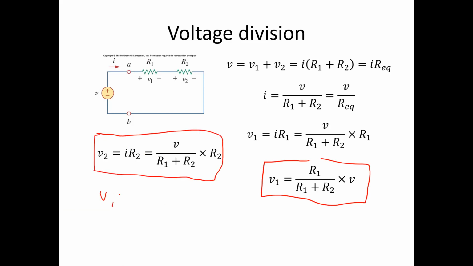So V1 is R1 over R1 plus R2 multiplied with the voltage source, while V2 is R2, the resistor itself, over your total resistance multiplied with your source voltage.